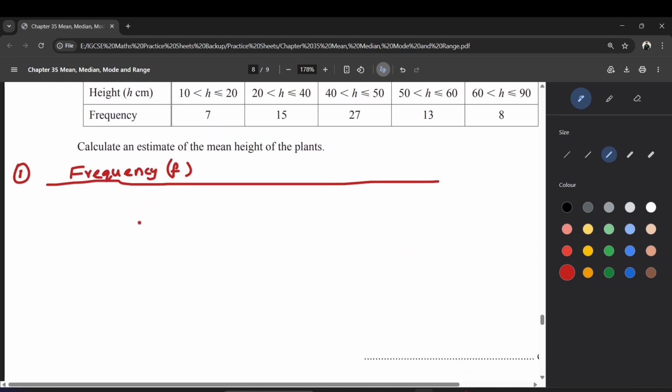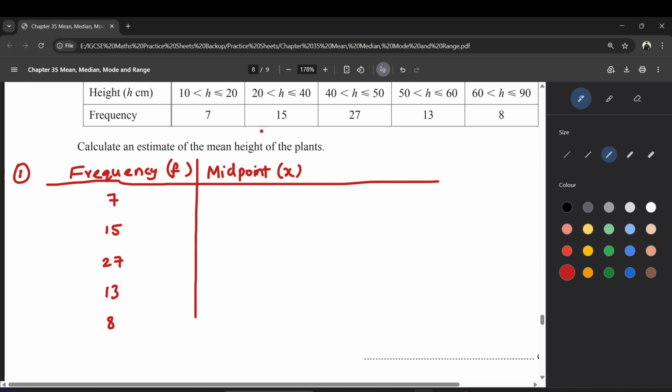After that, I'm going to make a straight line over here. The next column would be of midpoint, and that would be represented by x. So the frequency values, let me write this down. The first is 7, then 15, 27, 13, and 8.